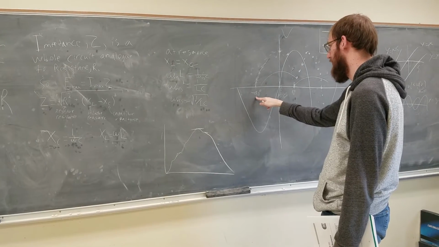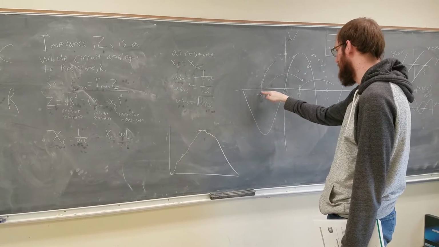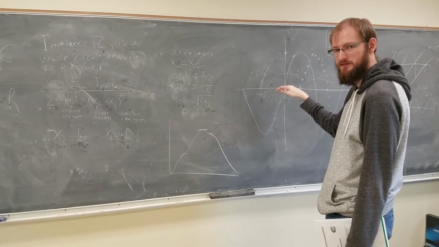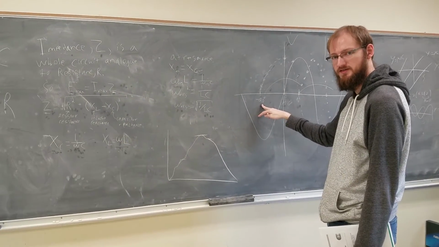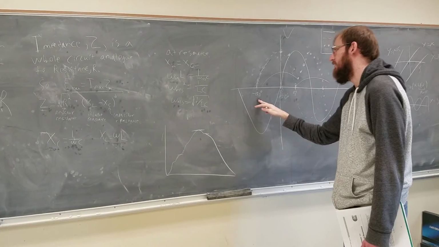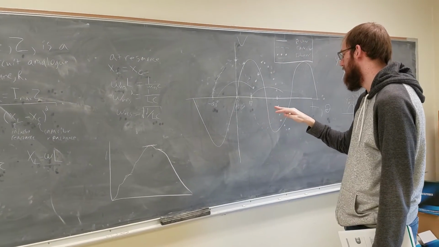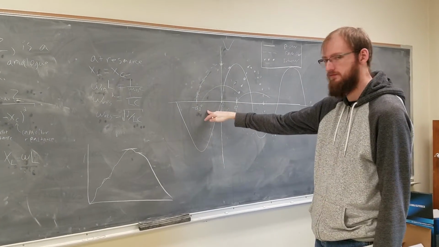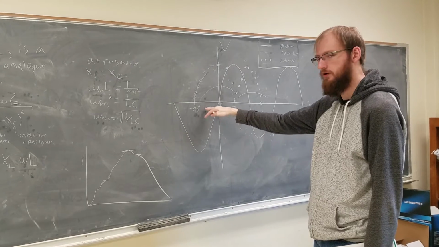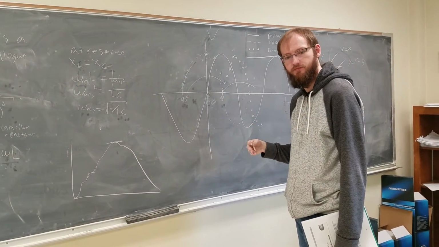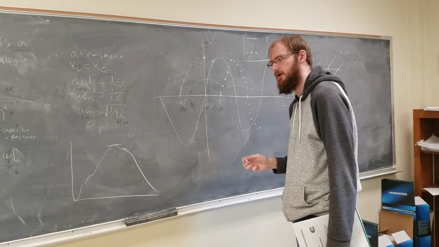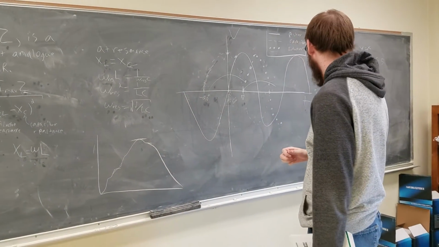But how much time is between this point and this point depends on the system. So the angular phase is system agnostic, but the time phase does depend on the system. So we're using the angular phase to not worry about errors in the setup or anything like that.